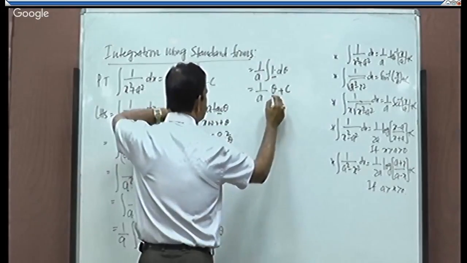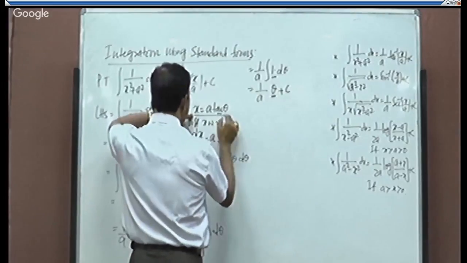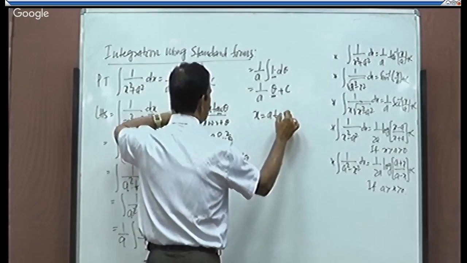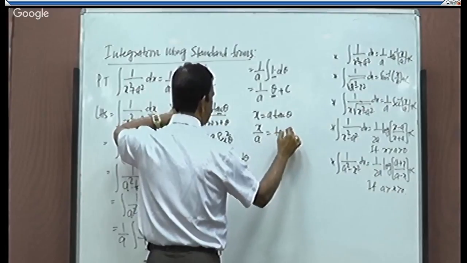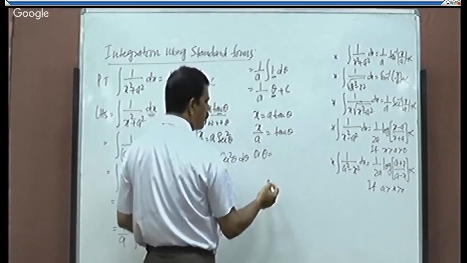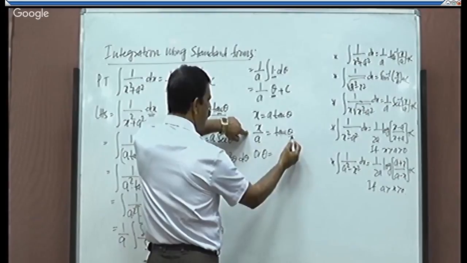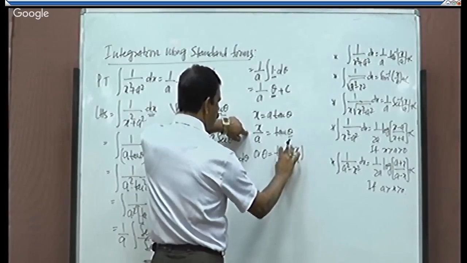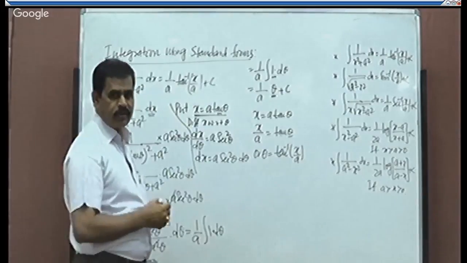So we need to change this theta in terms of x. We took x is equal to a tan theta. Therefore, x by a is equal to tan theta, or theta is equal to, according to inverse trigonometry, tan inverse of x by a.